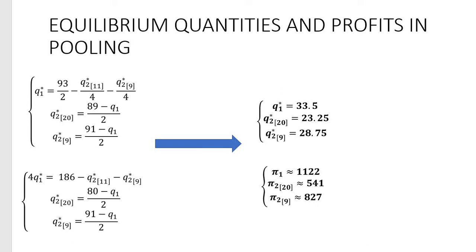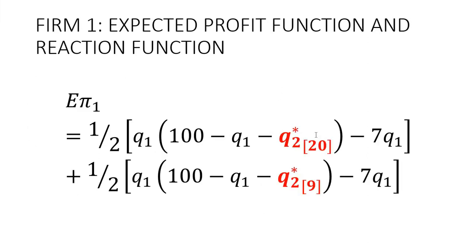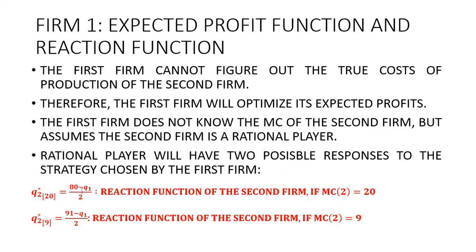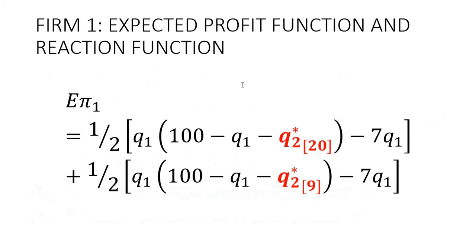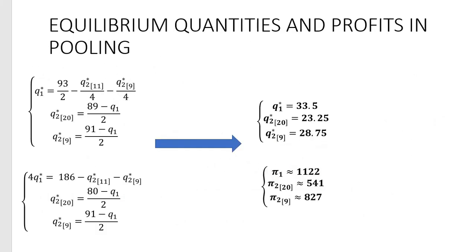Actually, I would like to underline it: you cannot put the response function of the second firm into the expected profit function of the first firm, because in this case it would mean that the first player has first player advantage. So that's why it's not fine to put this reaction function instead of Q2 of 20.